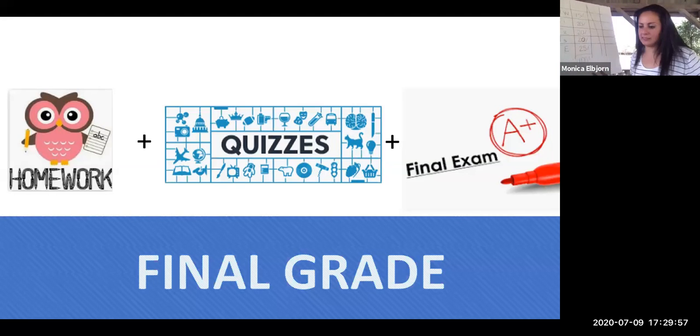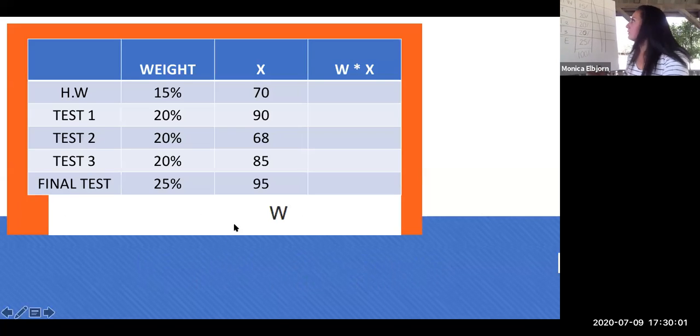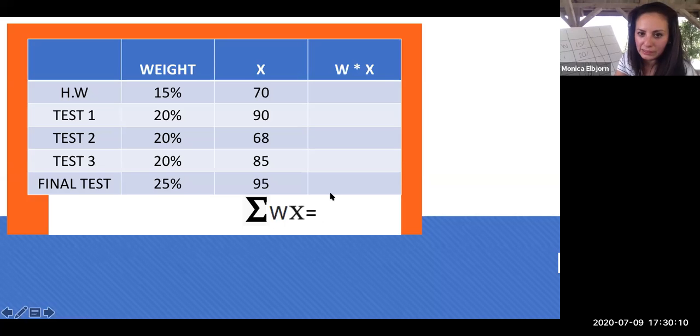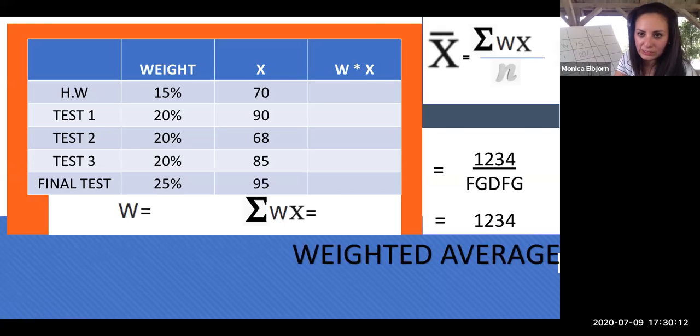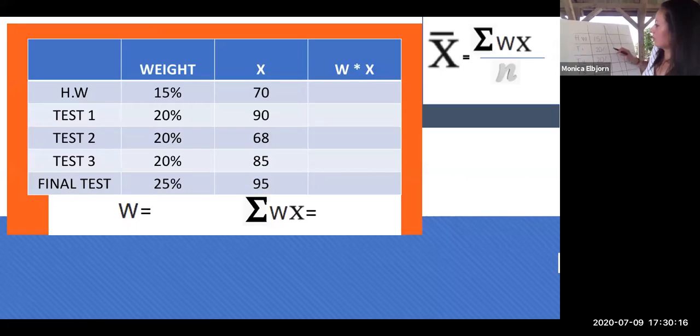I kind of put here a quick example, but I don't think I put the results, so we're going to have to do them. So what letter goes up here?